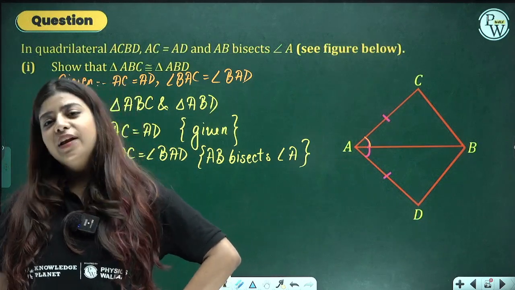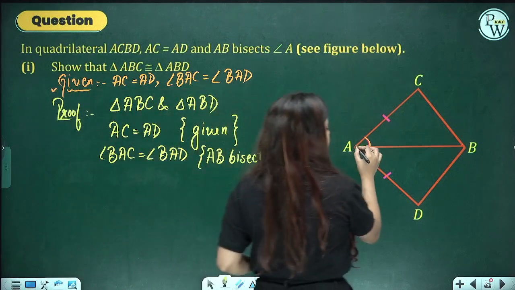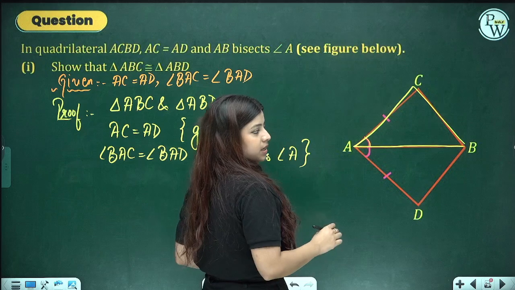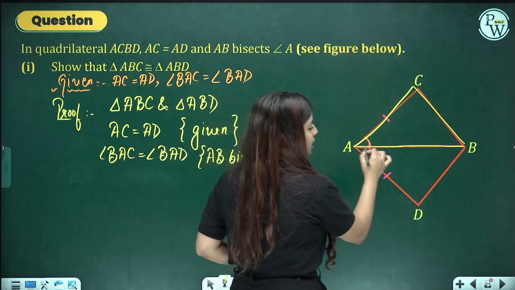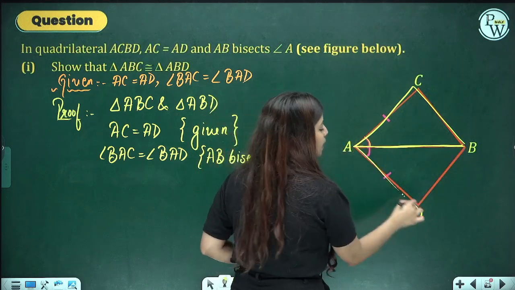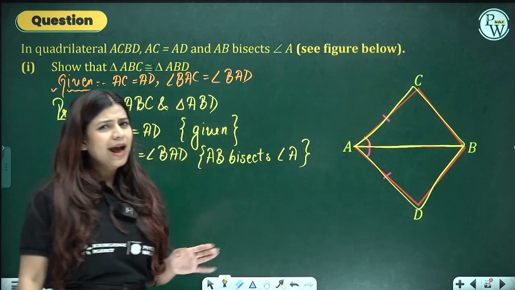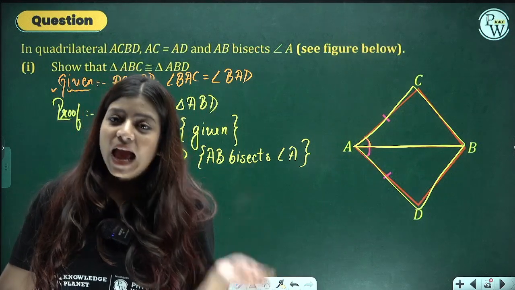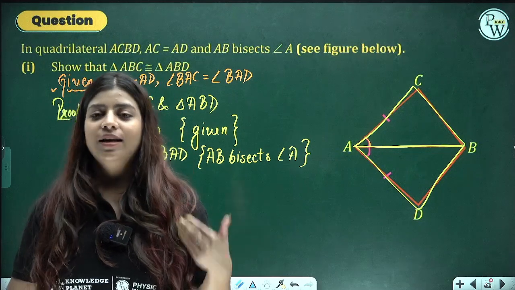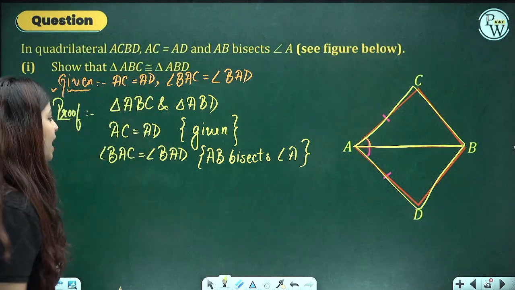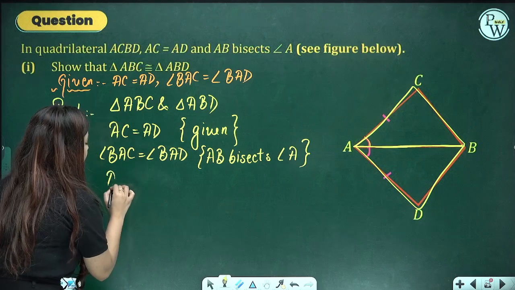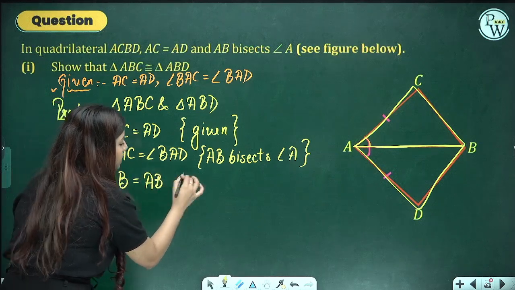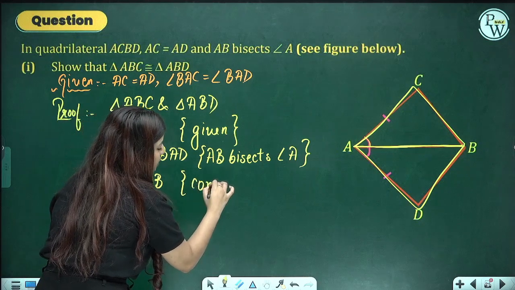But as we can clearly see, this AB is also a part of triangle ABC, and also a part of triangle ADB. That means AB is common in both the triangles, and if it is common, it has to be equal, right? So AB is equal to AB because it is a common side.